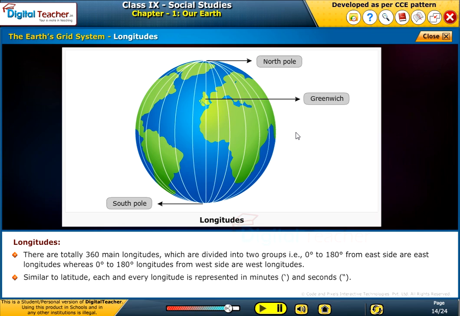Similar to latitude, each and every longitude is represented in minutes and seconds. The longitude 180 degrees, which is directly opposite to 0 degrees longitude, is called the anti-meridian.